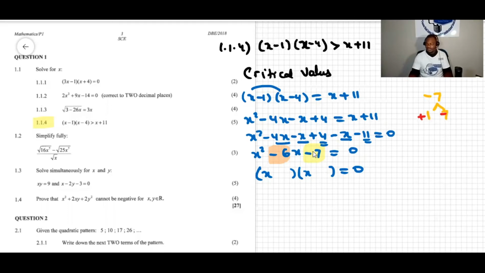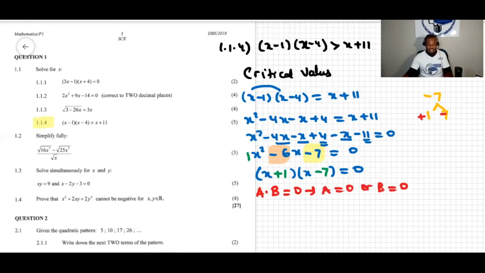Then you open brackets like this, and the coefficient of x squared is just 1. Then you place x's in the brackets, and we just need to find those numbers to fit in the brackets. So I can write plus 1 and negative 7. Now, remember the property in mathematics that says a times b equal to 0 implies that a equal to 0 or b equal to 0.